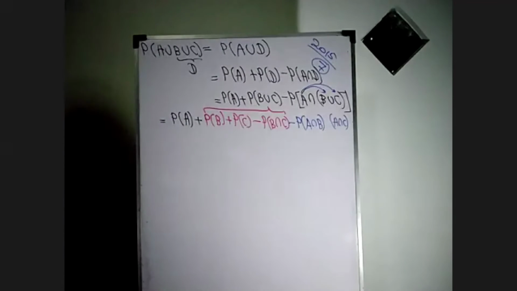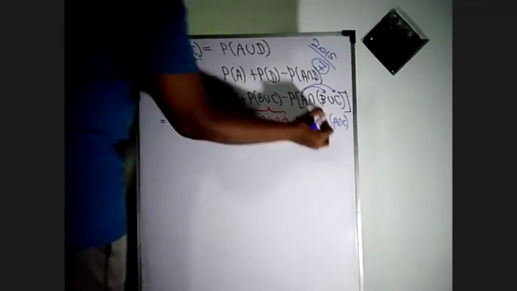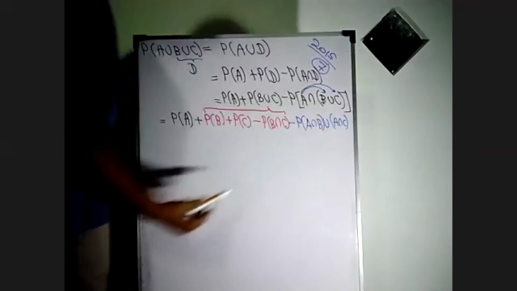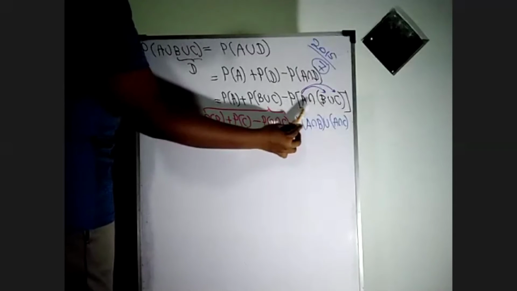Then what is the notation in between these two? That is union. Because here we have union. A intersect B, union, A intersect C. Here we have to put the square bracket.